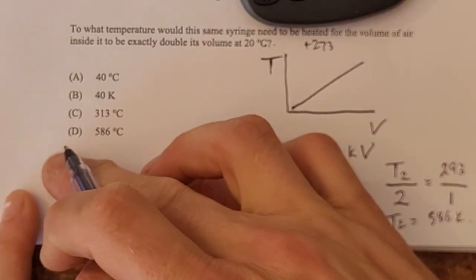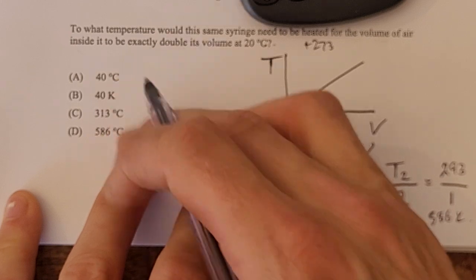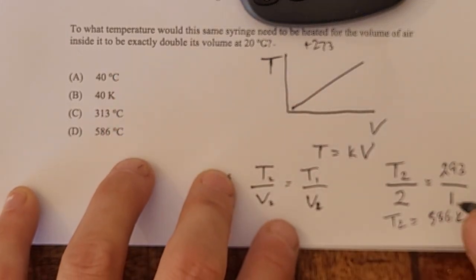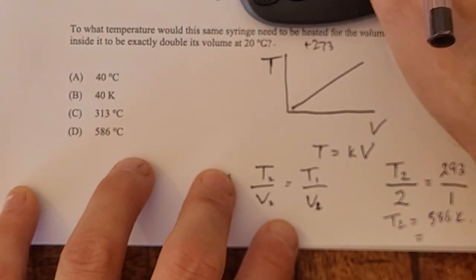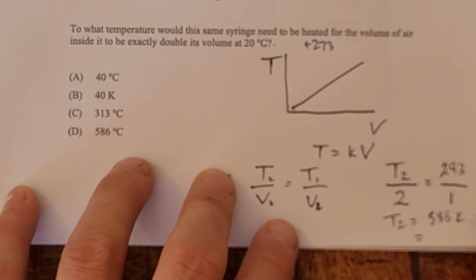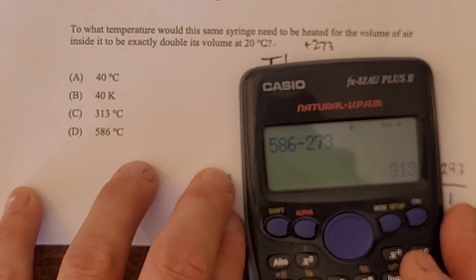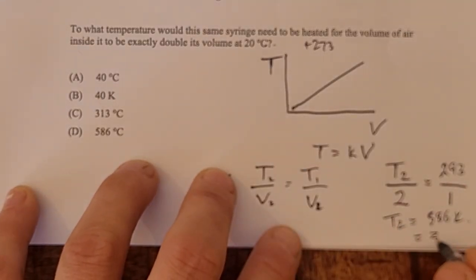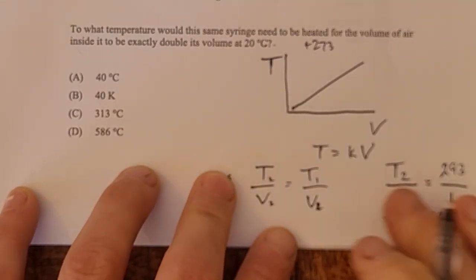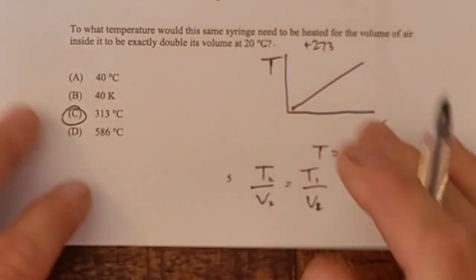Now, if you look over here, these answers are mostly in Celsius. So to get our answer in Celsius, we've got to take 273 off. The old hit the calculator trick. 586 minus 273, which is 313 degrees Celsius.